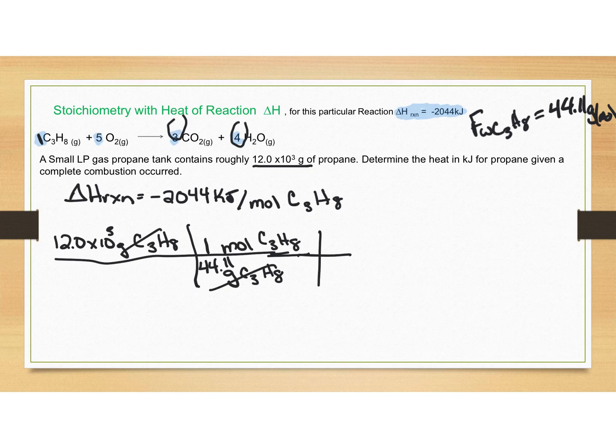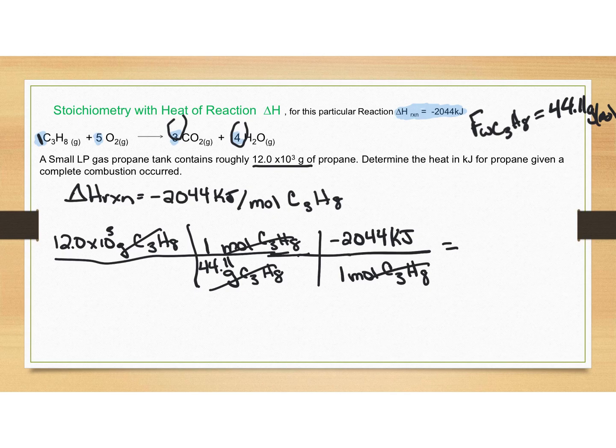Now I know for 1 mole of C3H8, the reaction puts off 2044 kilojoules. So in this case, I will take the 12.0 times 10 to the third, divide it by the 44.11, and then multiply it by the negative 2044.